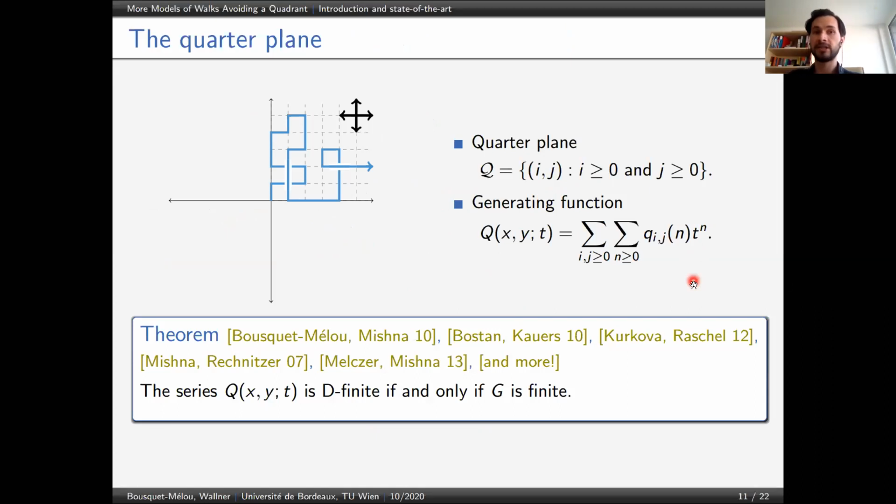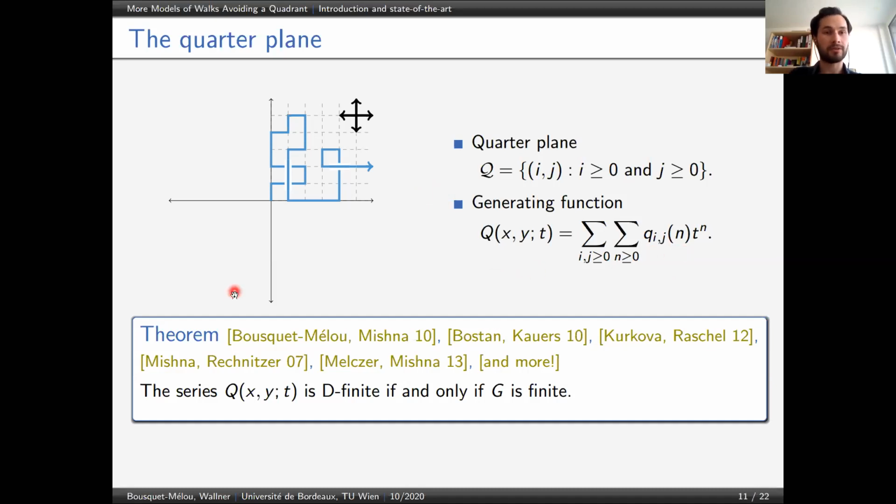Now in the quarter plane, this group was very important. The quarter plane is the convex cone, which consists of all points in the Cartesian plane which have non-negative x and y coordinate. So here you see an example of a simple walk in the quarter plane. Then we analogously define the generating function Q of x, y, t of walks starting at 0, 0 and ending at i, j after n steps.